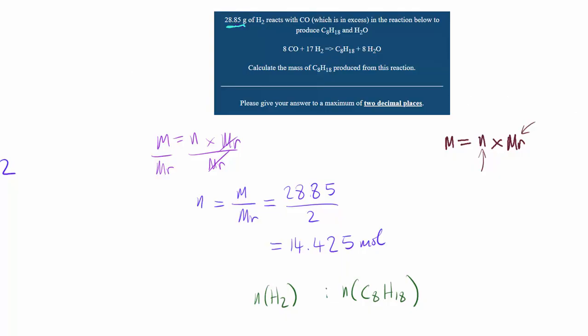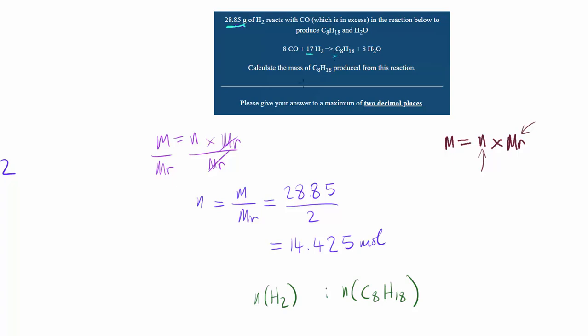Now here's where the equation, which is a balanced equation, becomes very important. You see we've got 17 here, and the coefficient here is not necessarily visible, but of course it's going to be 1.